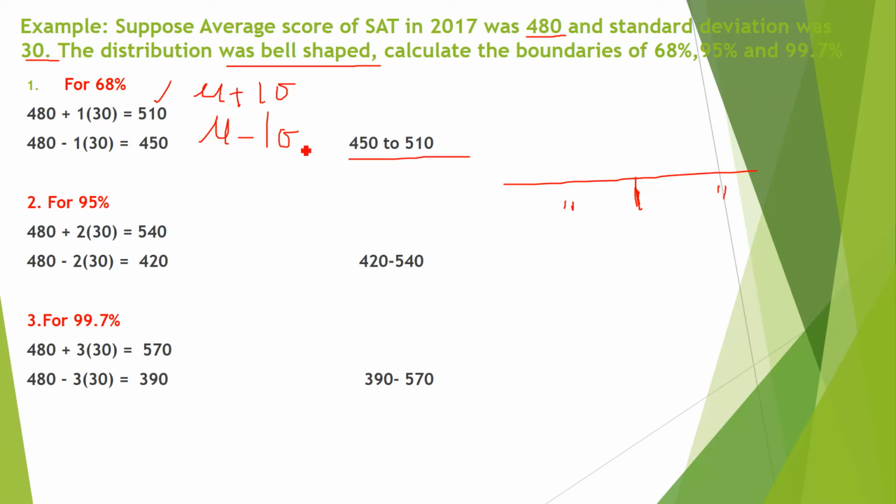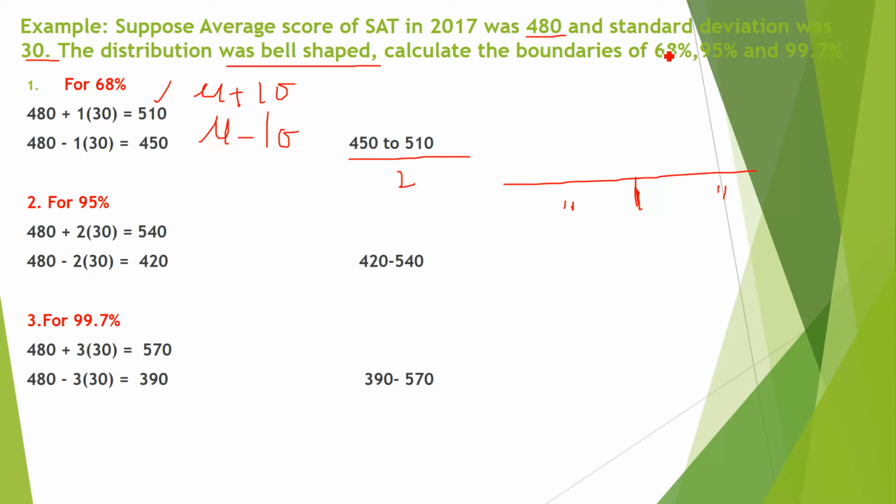If k is equal to 1, 68% of the data ranges from 450 to 510. If you add these two and divide by 2, you will get 480. So these are the boundaries if you have k equal to 1 and 68% of the data distributed.